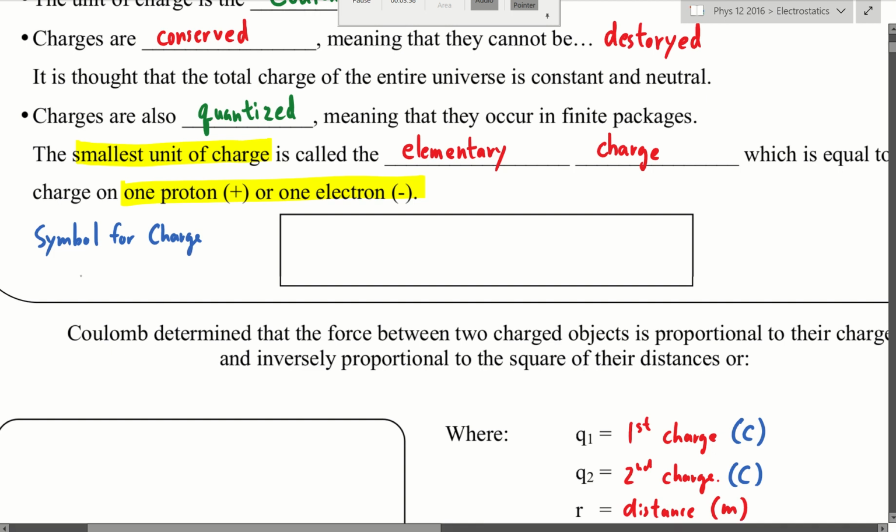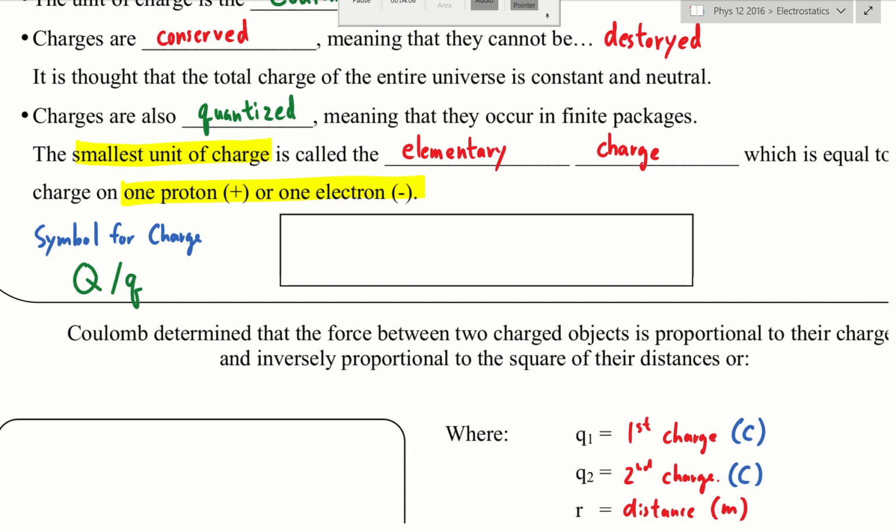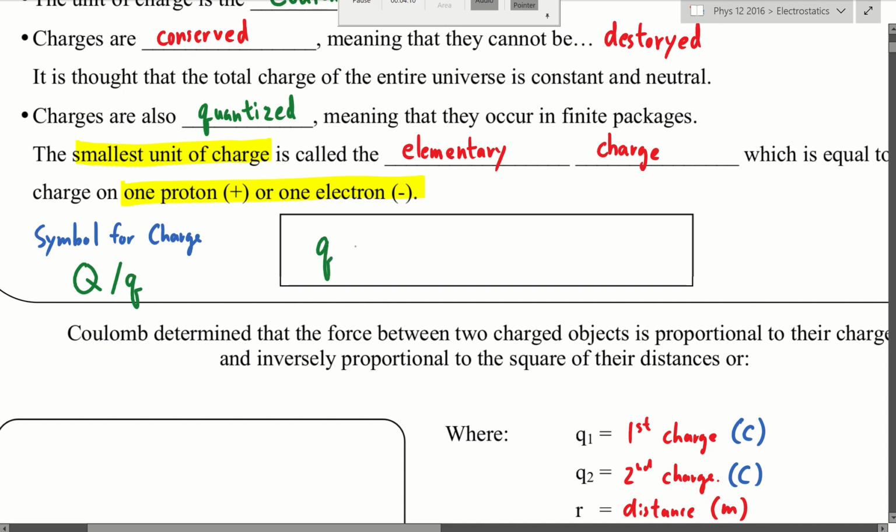The symbol for charge in our equations that you will see later on is Q. It's either a big Q or small q, doesn't really matter. So for example, for a proton or electron, the amount of charge on it is either positive if it's a proton or negative if it's an electron. And the amount is 1.6 times 10 to the negative 19 coulomb.